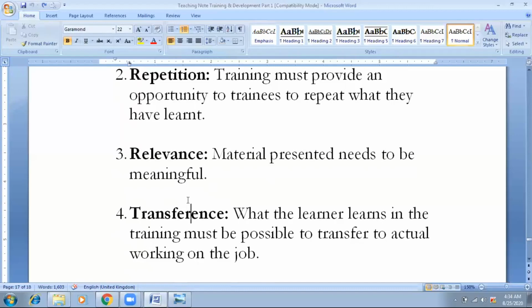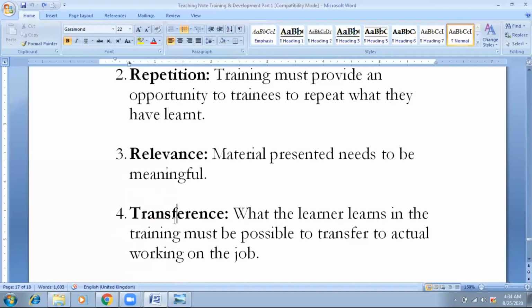So this principle of transference is closely related to relevance. When the learning material is relevant, then it is easy to do transference.